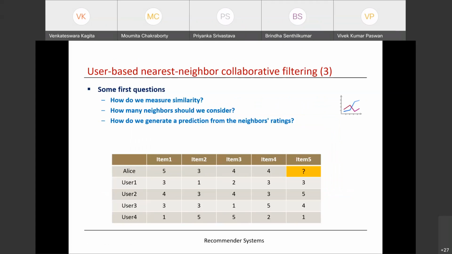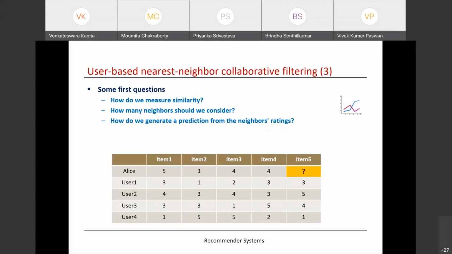So when we say find the nearest neighbors or the similar users, some first questions that come to our mind are: how do we measure the similarity between the users, and how many neighbors should we consider? And how do we generate a prediction from the neighbors' ratings, isn't it?